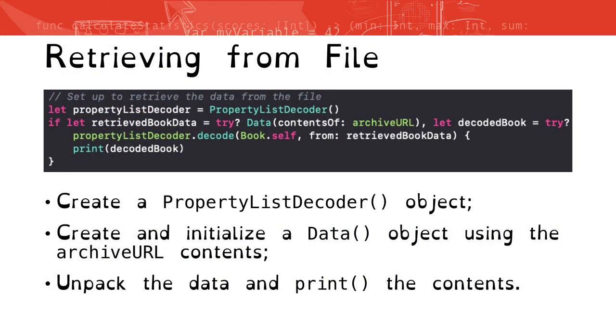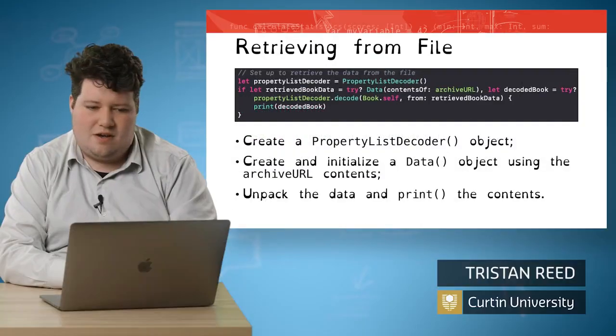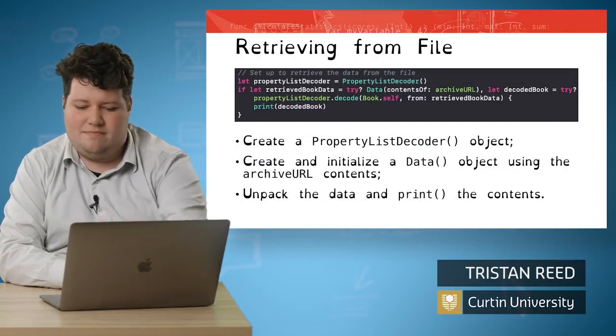But effectively, at a high level, what's happening is we create a property list decoder object, which then creates and initializes a data object using the contents from the archiveURL, which, as we recall, is where we saved our data. We then unpack that data and print the contents. So taking it from that format where it's been stored and encoded, we've decoded it back into the format used within our app.